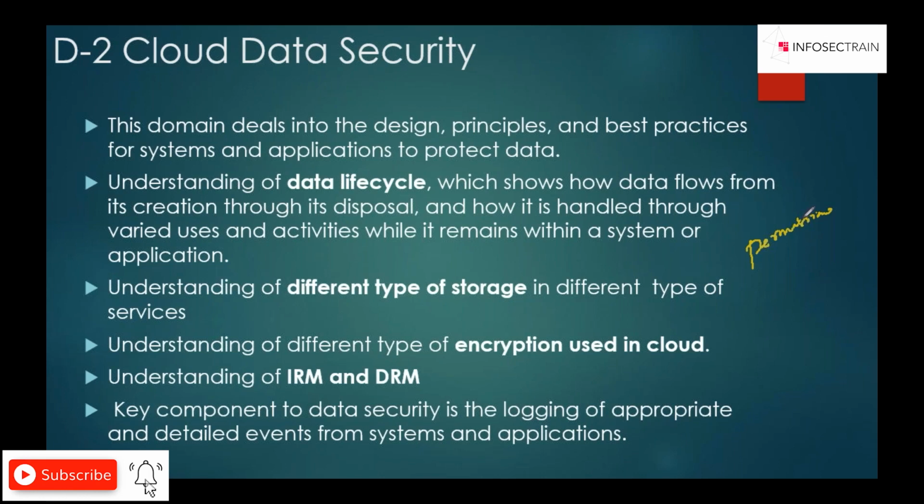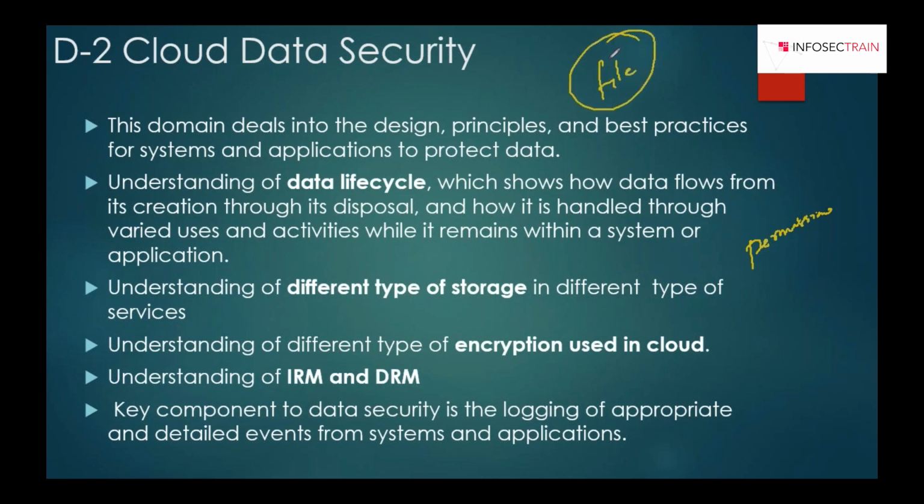I'll give one more example. I am sending a file from my laptop to Sriram, and I am currently in my organizational premises. What happens if my data is sent outside? I am sending a file, and I want to make sure this file is only opened by authorized people.